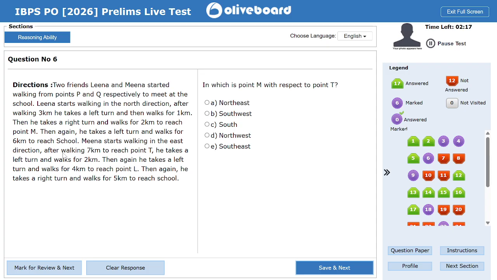To T. He takes a left turn and walks for 4 kilometers to reach point L. Again he takes right turn. Okay, left turn. He takes a left turn and walks for 2 kilometers.